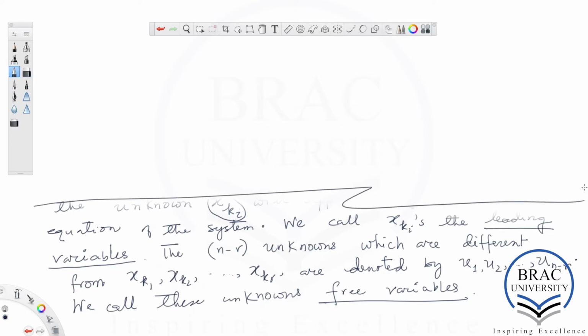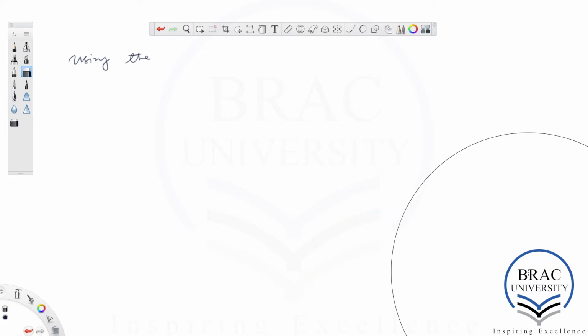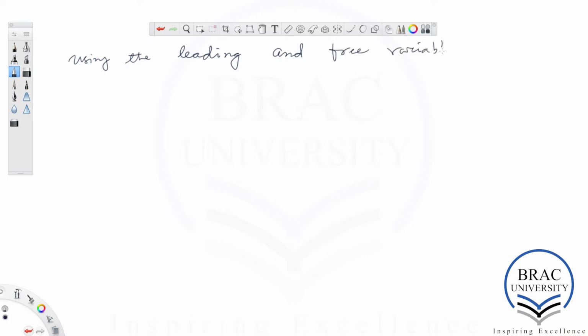Now, using the leading and free variables, one can write the r non-trivial equations.